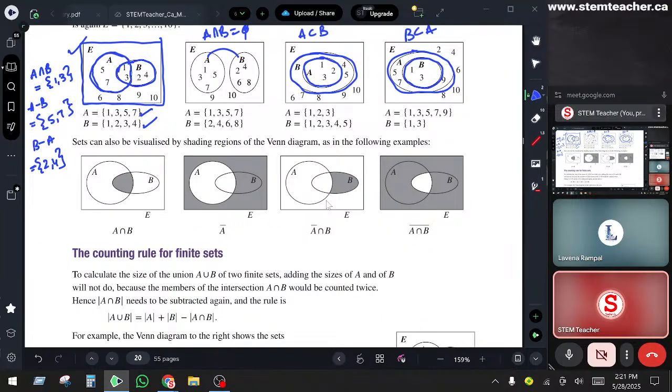You can also see what this portion is. This is the portion A intersection B. And this is A complement, means from E इसको छोड़ के बाकी सब है. That is A complement. And this is B complement.